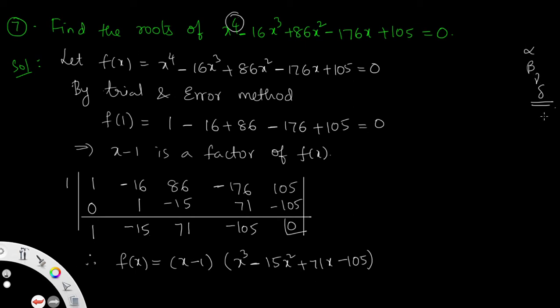For this I am taking the quotient equation we got now and expressing it as g of x. Let g of x equal x cube minus 15x square plus 71x minus 105, as the coefficients are 1, minus 15, 71 and minus 105.